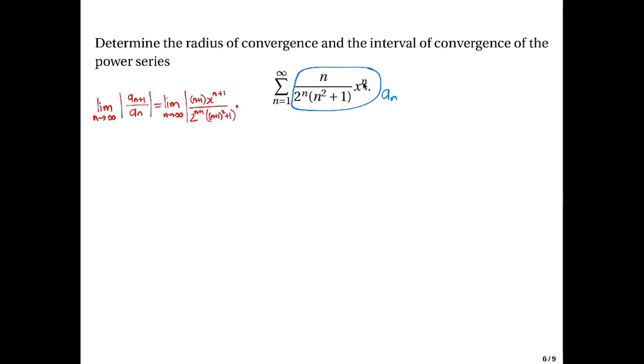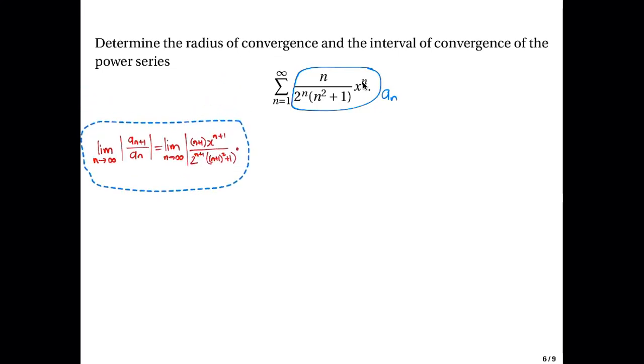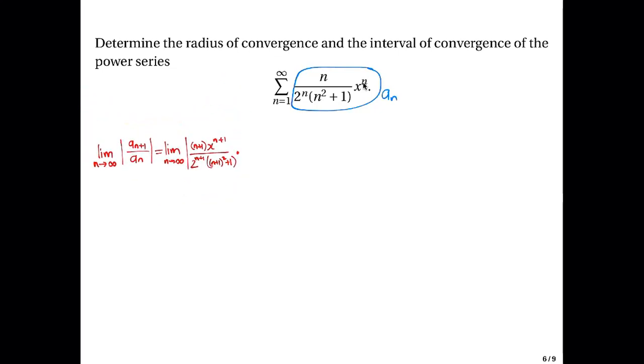Then times the reciprocal. So we have 2 to the n times n squared plus 1 divided by n x to the n. So close absolute value.